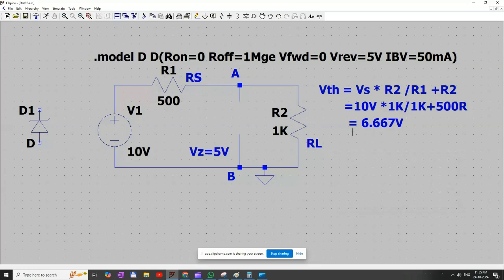As per this Thevenin's voltage, we are getting a constant 5 volt on the load.